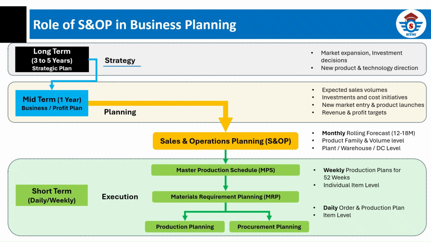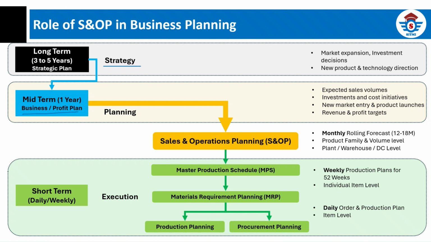Every business starts with strategic planning, which is usually done at the senior leadership level. Strategic planning is broadly long-term in nature and typically looks 3 to 5 years ahead. The second is the profit or business plan, which is created for a 1-year horizon.